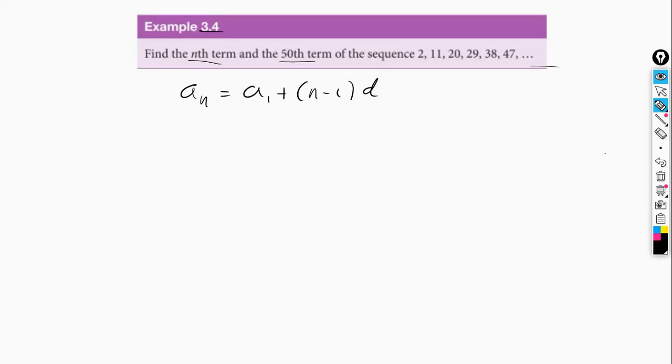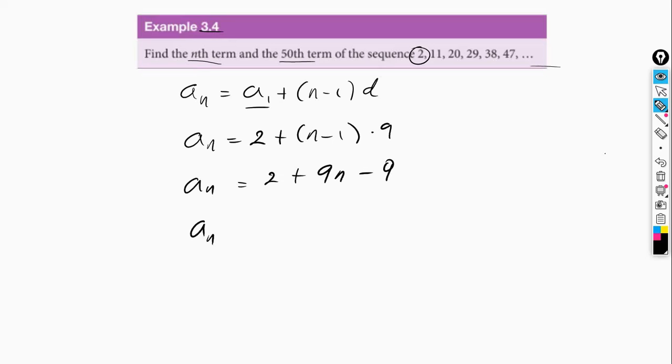So the nth term is a sub n, the first term, which we know here is 2, so 2 plus n minus 1, and in this case times 9, the common difference. If we expand this, it's 2 plus 9n minus 9.